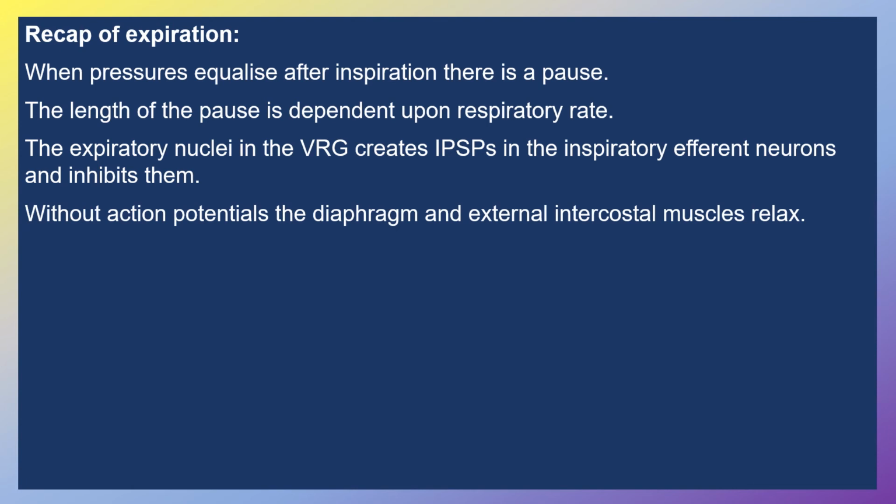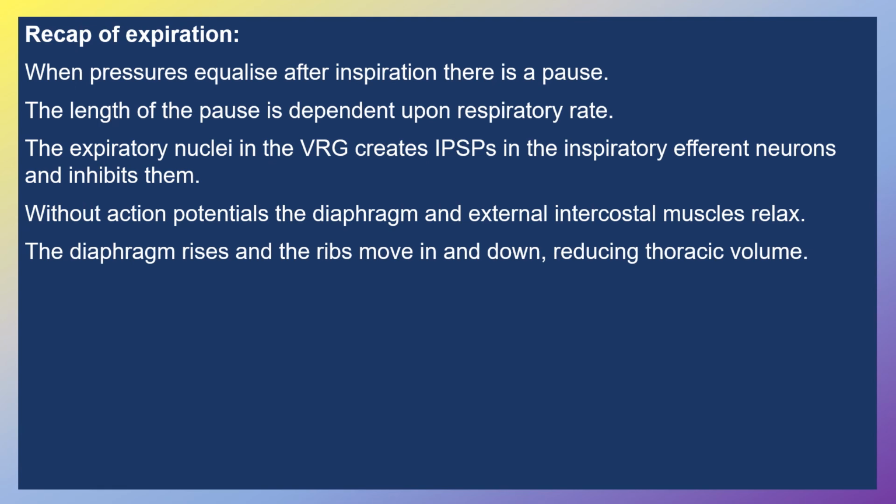Without any action potentials getting to them, the diaphragm and the external intercostal muscles relax. The diaphragm rises back up to its dome shape, the ribs move in and down, and we reduce thoracic volume. As a consequence, the lungs now recoil as well, and we are reducing the volume within the alveoli.